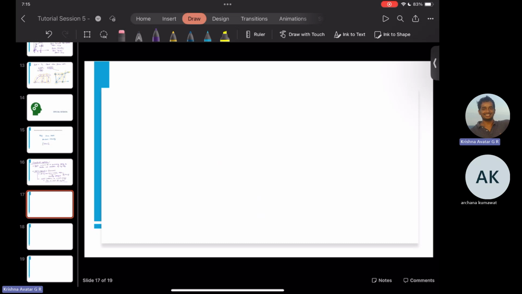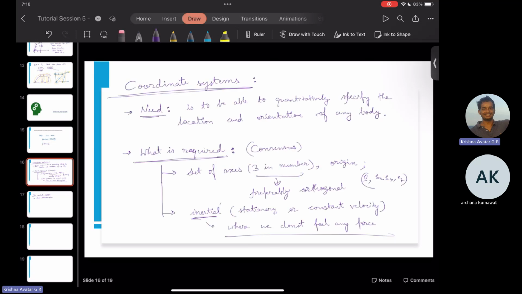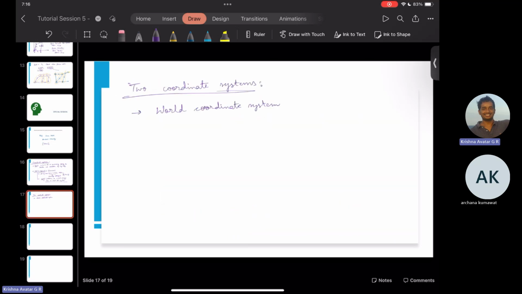Once we have that, at any point we deal with, at least fundamentally, two coordinate systems. One, what we call the world coordinate system. The second point about being inertial applies to the world coordinate system.